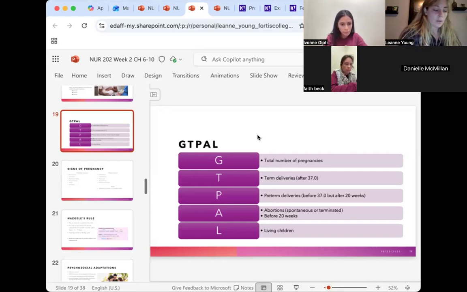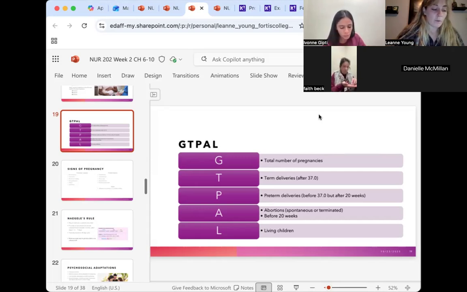Let's start with our G's. How many times has this lady been pregnant? She's had 5 pregnancies because she's pregnant now. So this is her 5th pregnancy. She's been pregnant a total of 5 times.